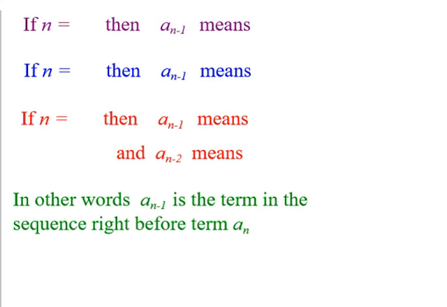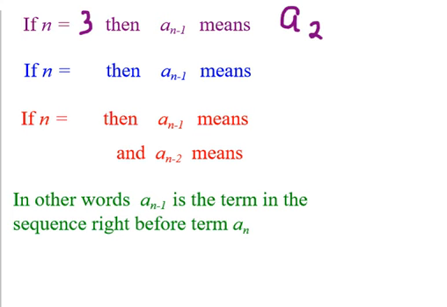Recursive has this a sub n minus 1. Sometimes you might have a sub n minus 2. And I think we get confused about what that means. So for example, if I know that n is, say, 3, then a sub n minus 1 really means a sub 3 minus 1, or a sub 2.